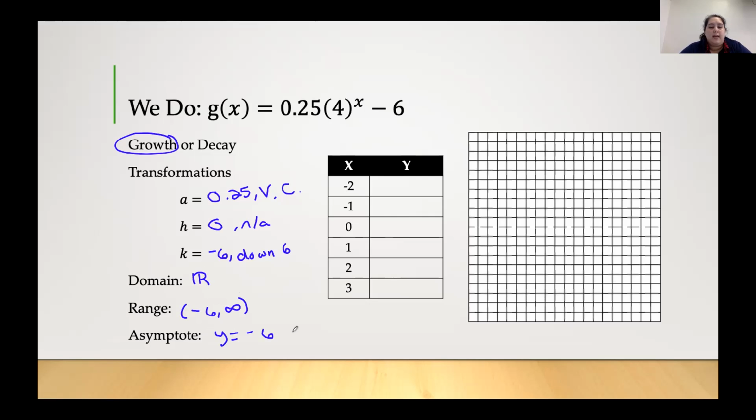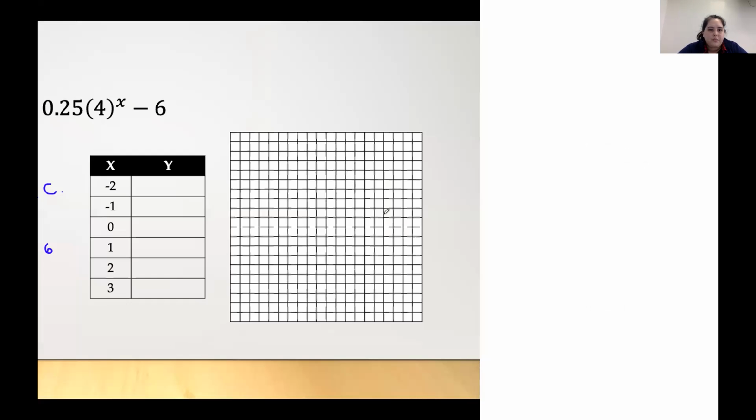So we're going to go ahead and fill this out. In Desmos, I would do 0.25, parentheses 4, close parentheses, exponent x, out of the exponent and do -6.